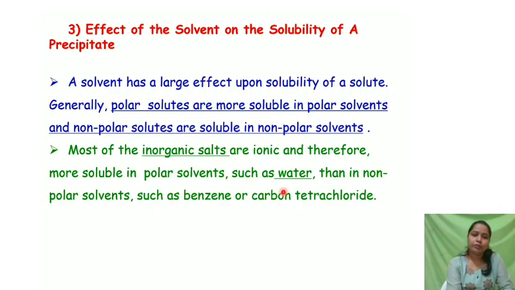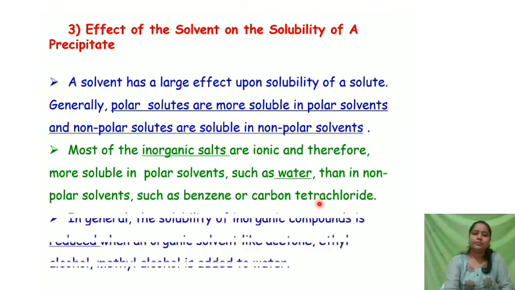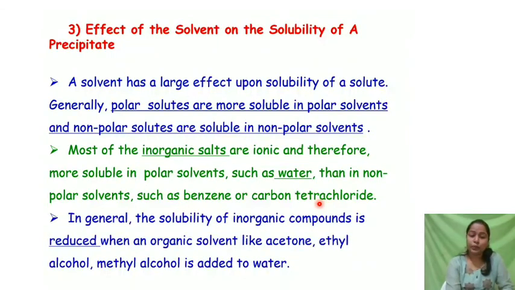Okay, for example, water. We know that inorganic salts are soluble in water. Why? Because inorganic salts are ionic in nature. Water is a polar solvent, like dissolves like. That means inorganic salts are soluble in water. Then in non-polar solvents such as benzene, carbon tetrachloride, in general, the solubility of inorganic compounds is reduced.